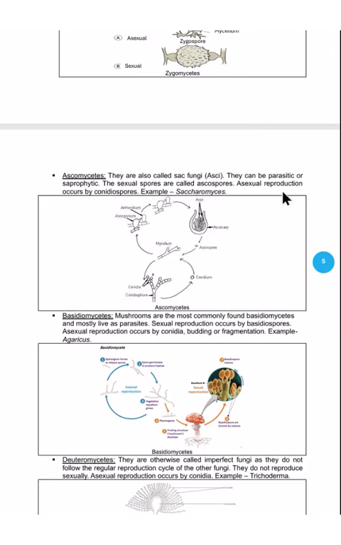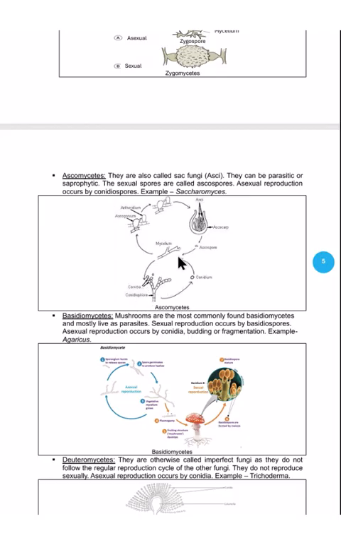The sexual spores are called ascospores, produced from the sac, and asexual reproduction produces conidiospores. So the conidiospores here, as you can see, this is ascomycetes.